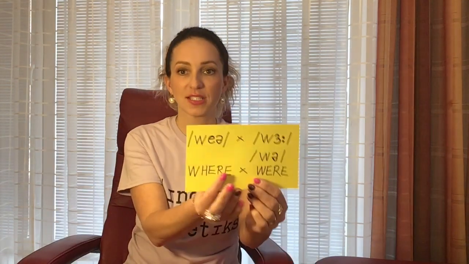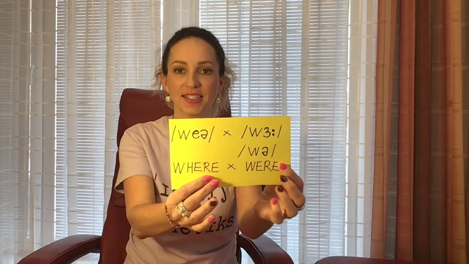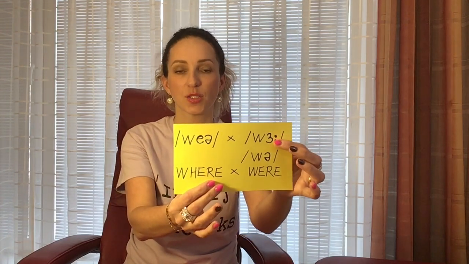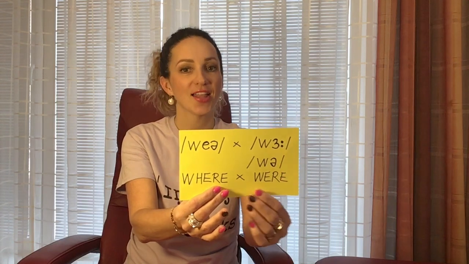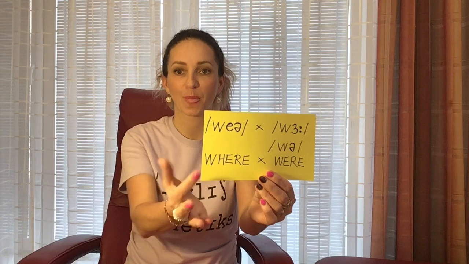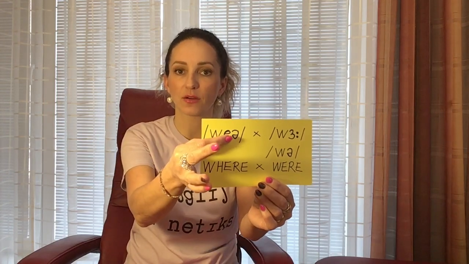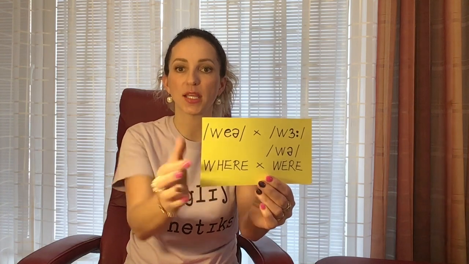If you pronounced the first word as where and the second one either as were or were, then this is correct. So let's compare again. The question word where is pronounced with the diphthong air, so we say where.